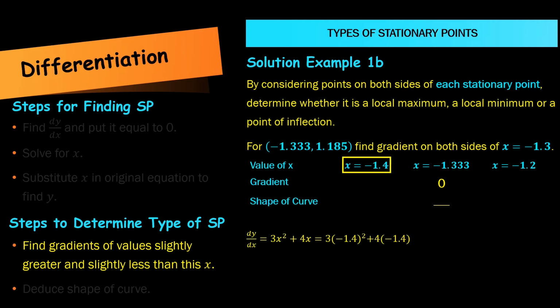At x equals minus 1.4, again, we simply plug into the equation for dy/dx as shown, and this gives us a positive value. So our curve is sloping as shown in the table.